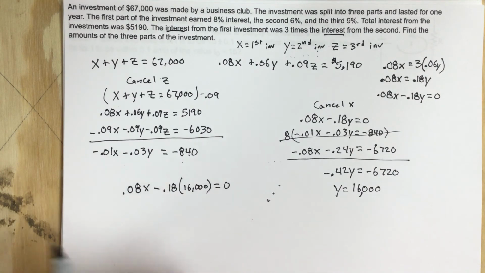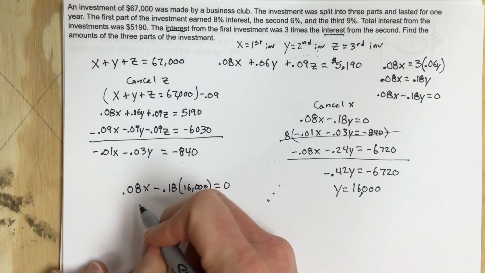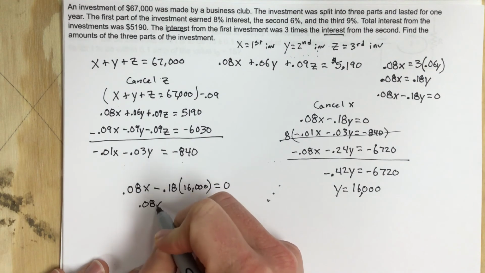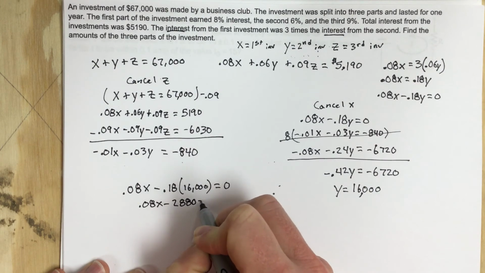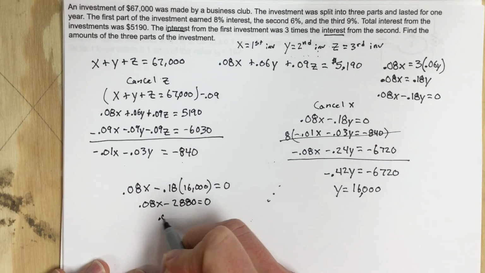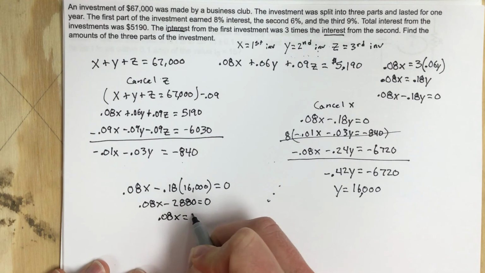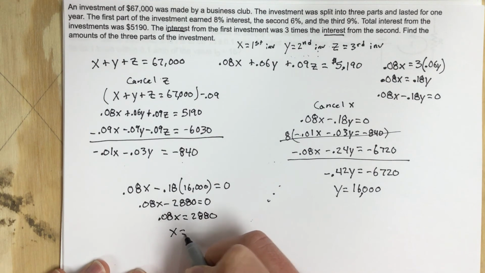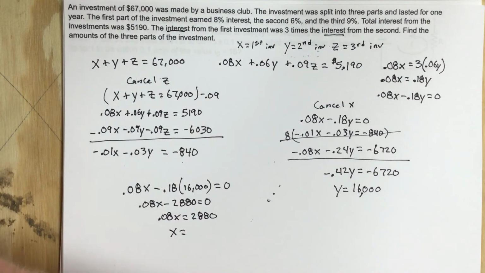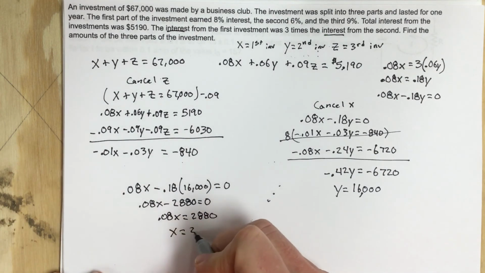And when we multiply this out, we take this times 0.18. So we have 0.08x minus 2,880 equals 0. Add it over. 0.08x equals 2,880. And divide by 0.08. 36,000 for this investment.